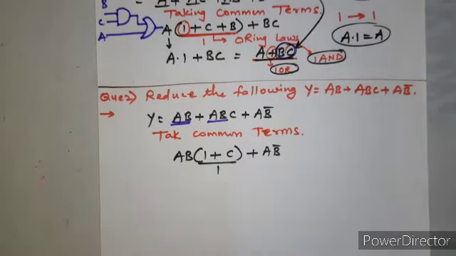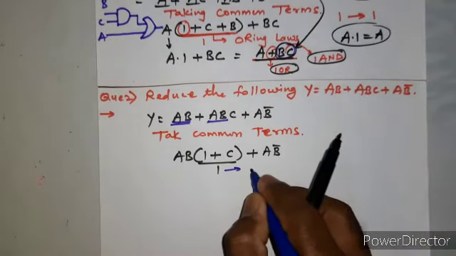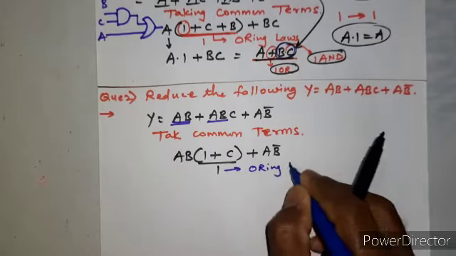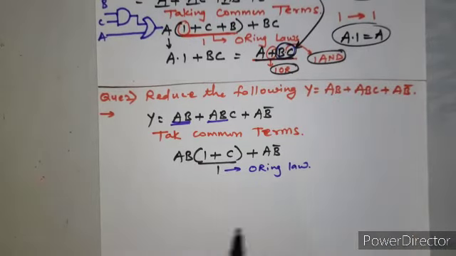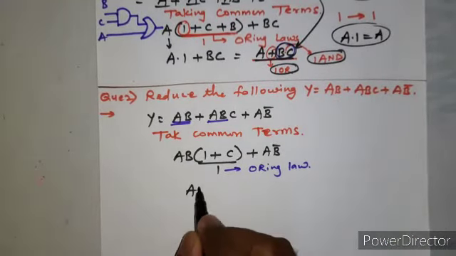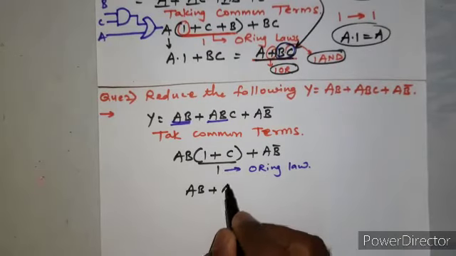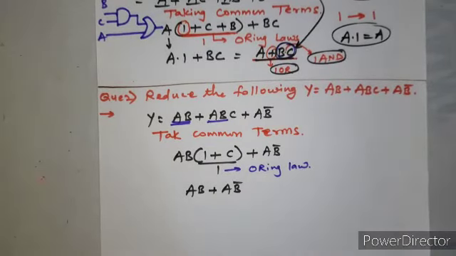So this becomes 1. Just now I have discussed this is the ORing law. So I have AB plus AB bar. Now here also you can see we have A common.